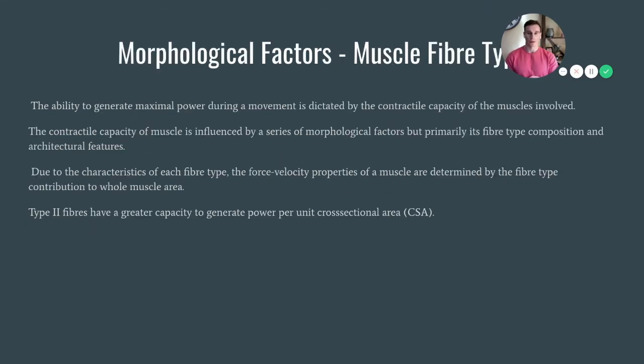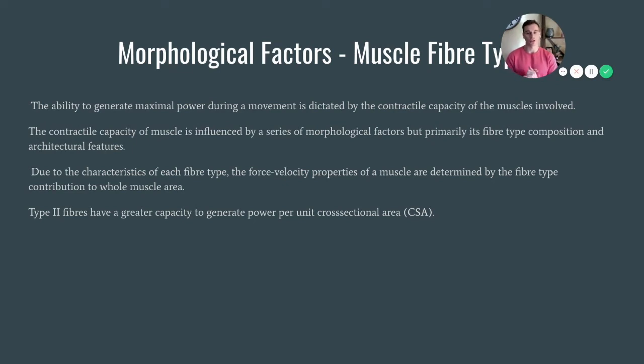Within those things that we spoke about, you've got your morphological factors. So morphological things within the muscle, actual structural changes to the muscle fibers. A big thing that can affect power production, because of its effect on both maximal force production and maximal velocity, is your muscle fiber types.